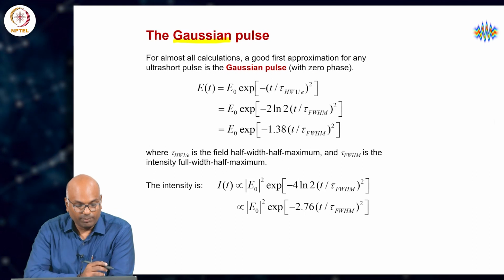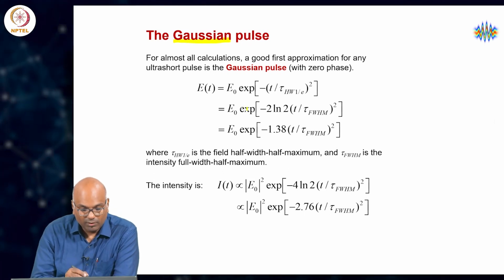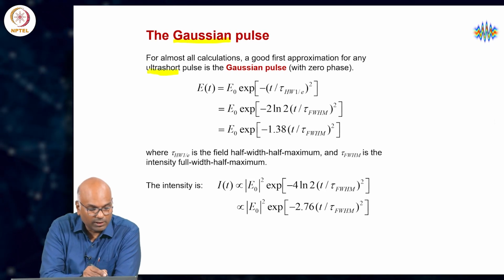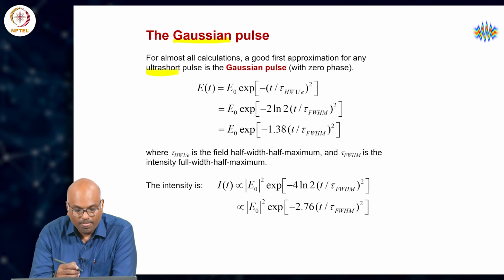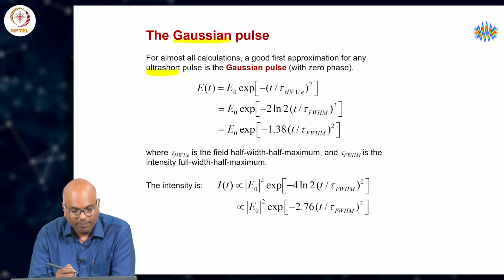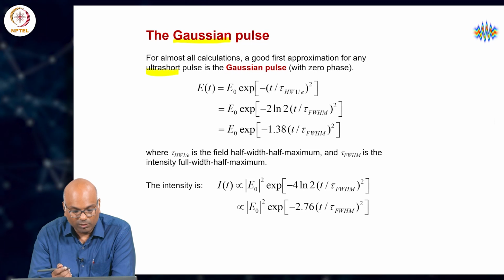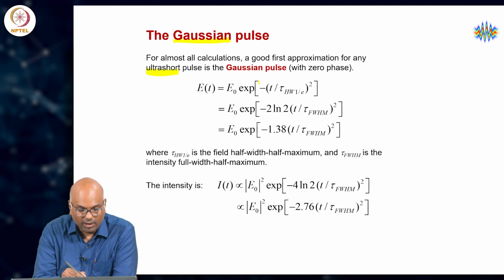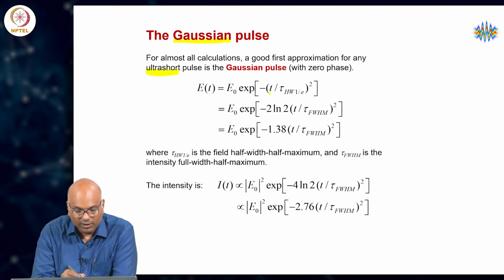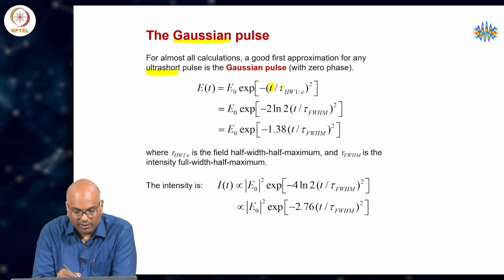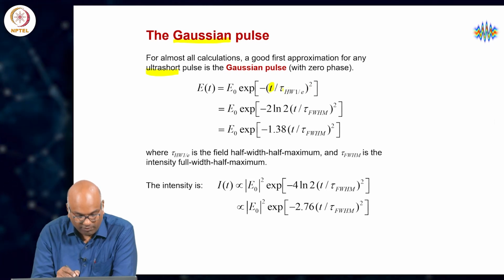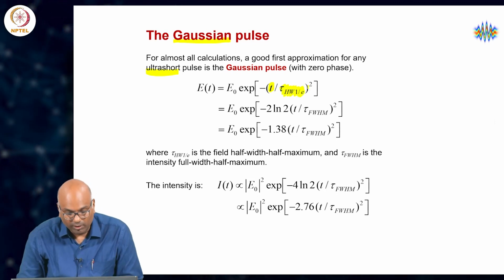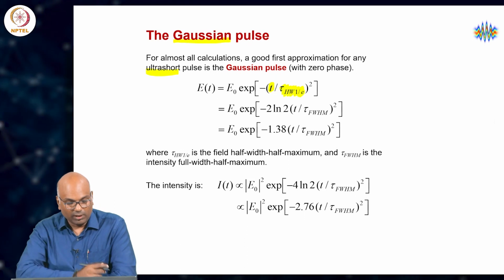So, for the envelope of the pulse, to a first approximation, which a lot of ultra short pulses can be approximated to, we essentially have a description of the pulse through a Gaussian amplitude modulation, where t is the time variable and the width is captured in this half width at 1 over e. This is also called the half width at half max.